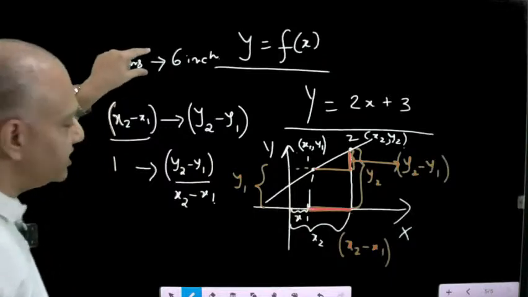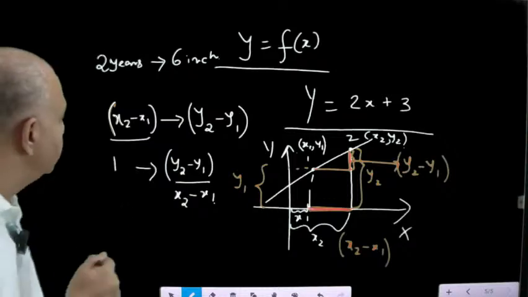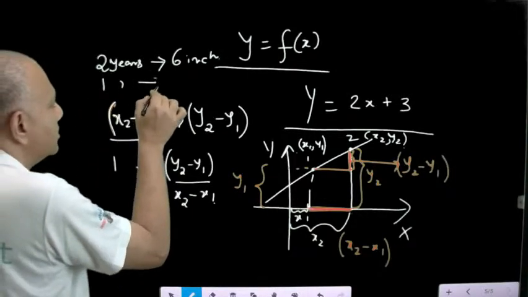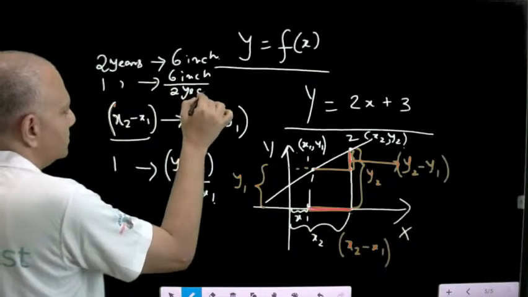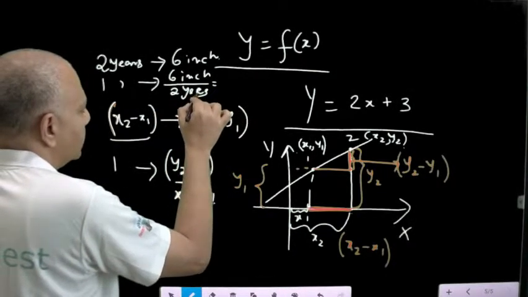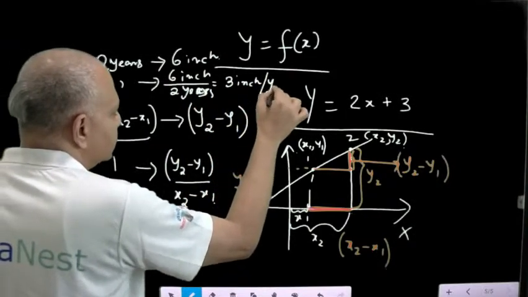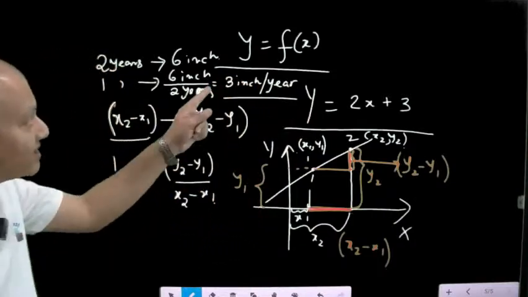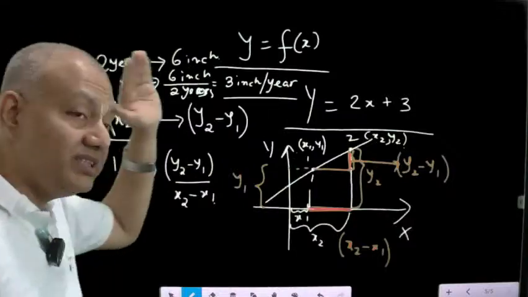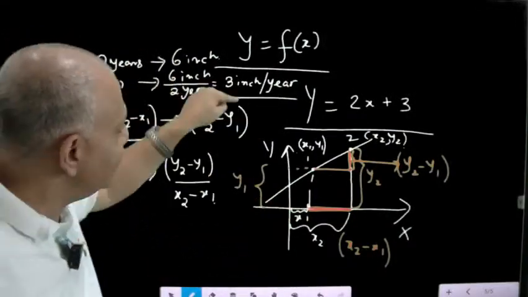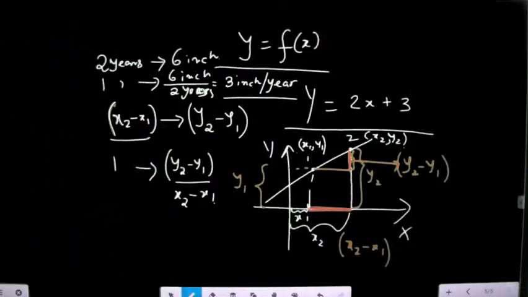So within 1 year, if I want to find the rate of change of height, what is the change? 6 inch by 2 years, means 3 inch per year. So can I tell this is a rate of change of height with respect to time? Time here we are measuring in years. Per year, 3 inch change of height is going to occur. That is the rate of change of height.